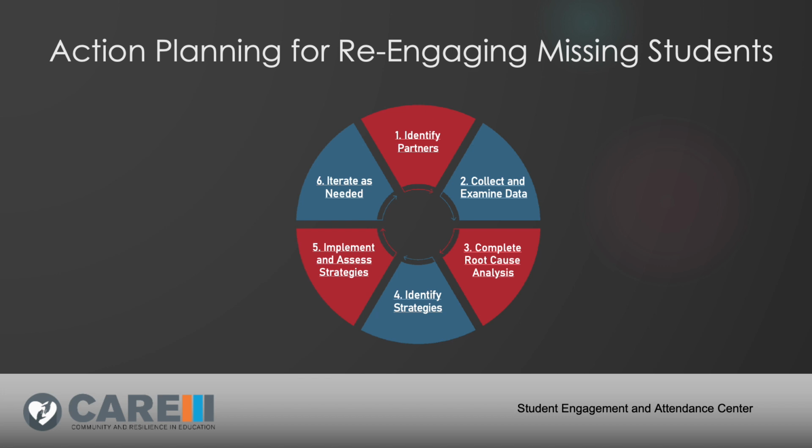So the identified partners, thinking about what voices need to be present at this planning. Is there a team that exists that has the capacity to do this work, or do you need to establish a team? How do you set up a team for shared power and access?